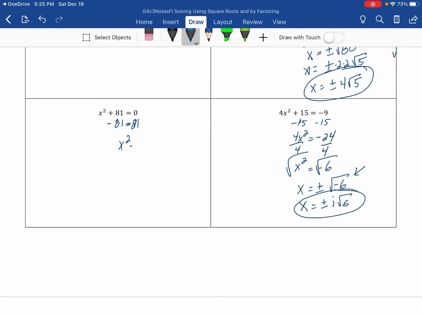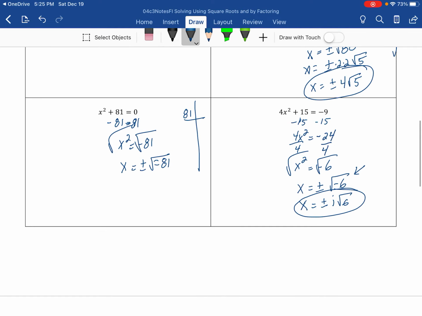I'm going to subtract 81 from each side. X squared equals negative 81. Take the square root of each side. X is equal to plus or minus radical negative 81. Some of you guys know the square root of 81 is 9, but I also have to remember that I have my i here.